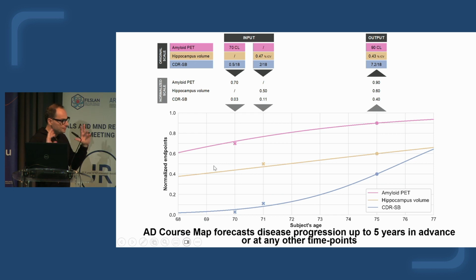So imagine I have built this model in this population, and now you have a new participant, a new patient that comes into the clinic, for instance. What you can do is, of course, measure the different biomarkers. So here an amyloid PET, an imaging biomarker, another MRI biomarker, and a clinical scale. Okay, you have a patient at 70. You measure 2 of them, for instance. So you convert that into a 0-1 scale, and you report the dots here.